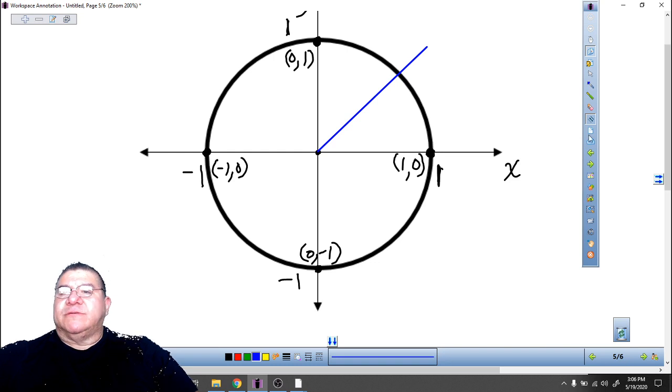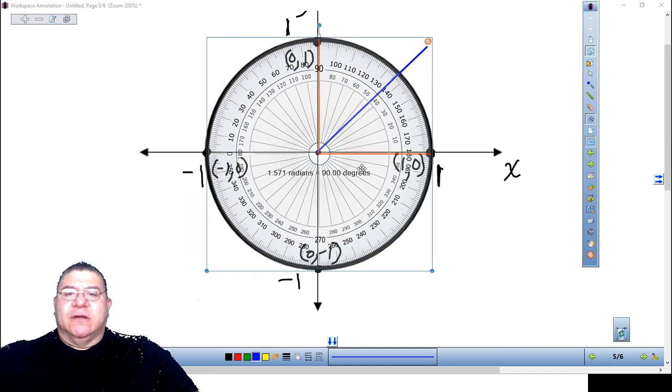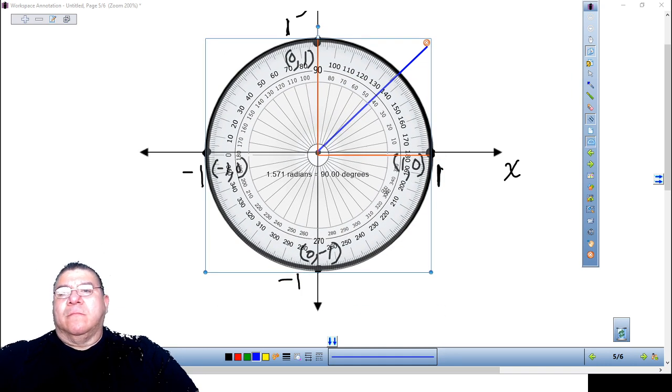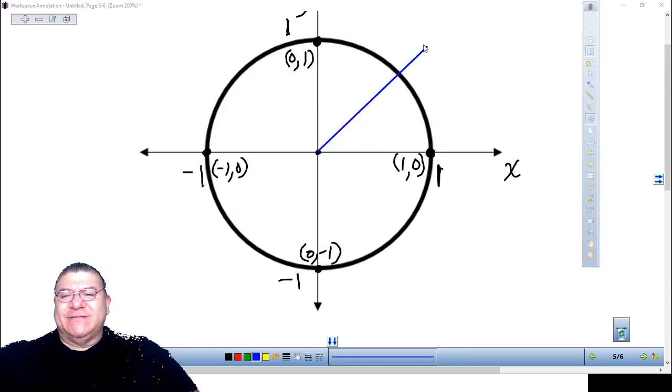You're like, Mr. Q, you did a line that way. Yeah. Let me get my protractor. How many degrees? 45. Man, let's go. 45 degrees. All right. So what do we know? That this is 45 degrees.